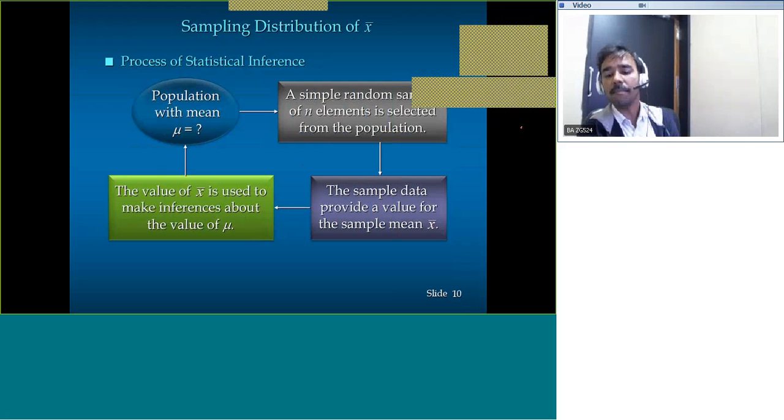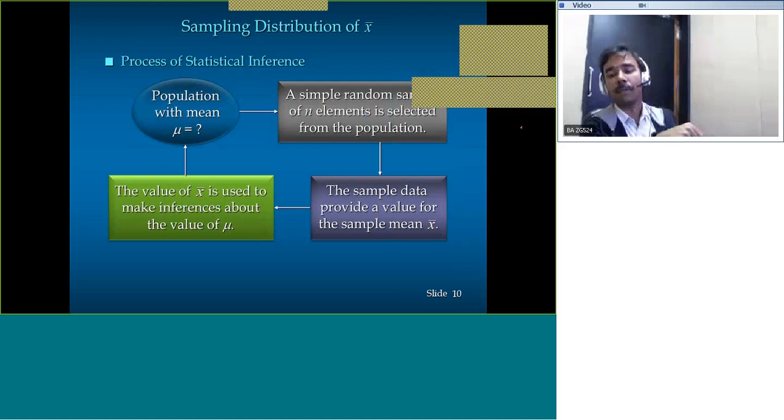For that sample we calculate the sample mean x bar, and that x bar is used to approximate mu. This is the process of estimating the population mean mu by the sample mean x bar.